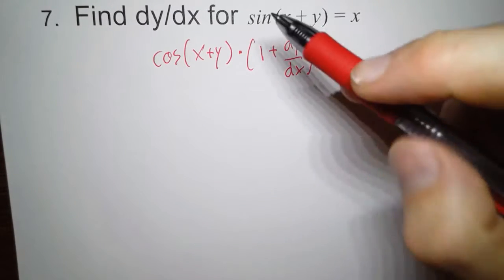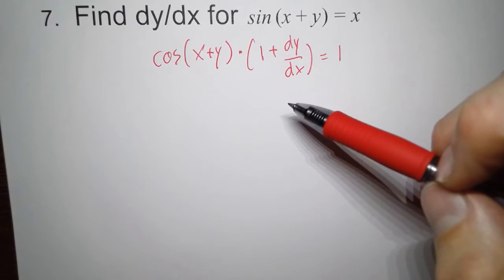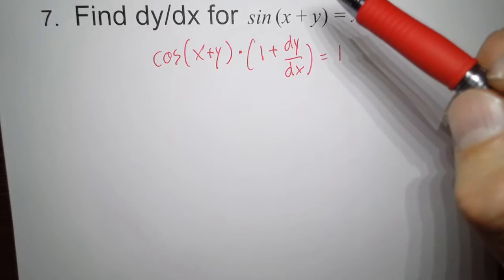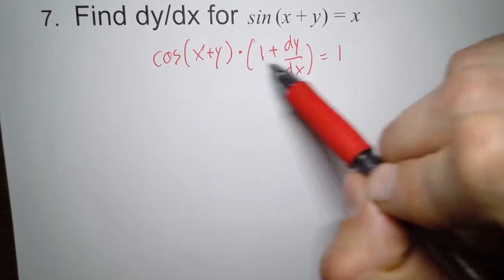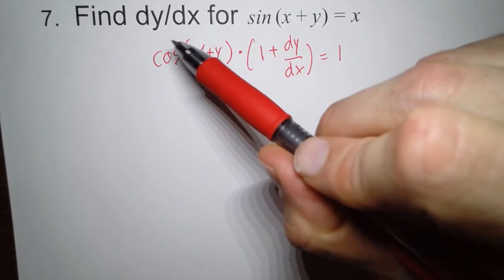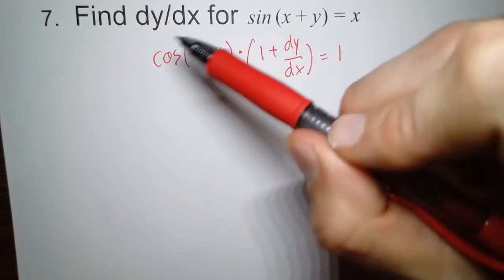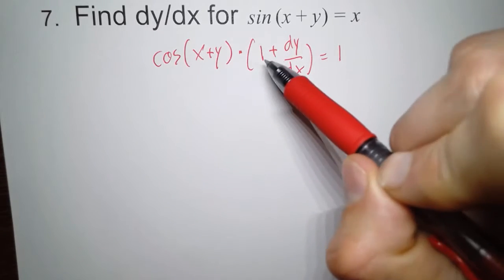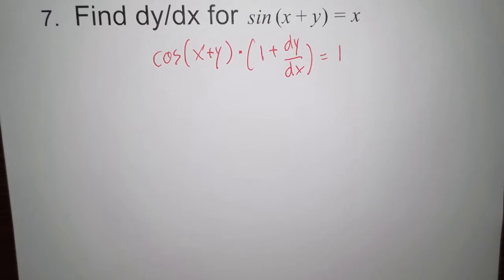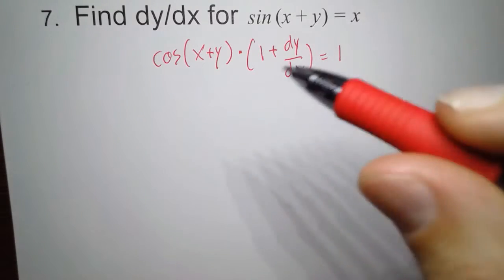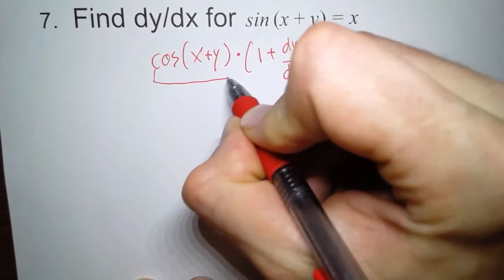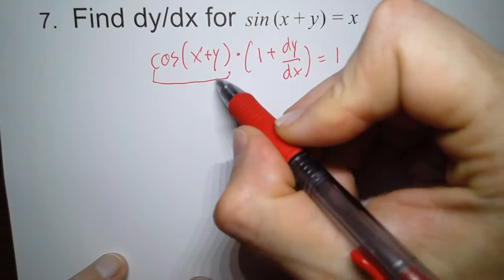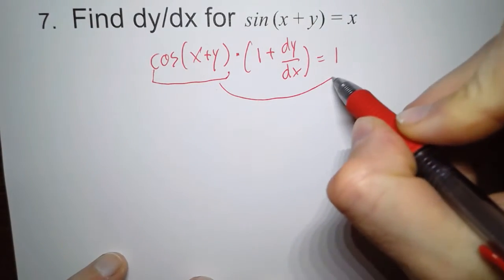Now here we only have this one term. A lot of people get a mistaken idea that, like number 6, we can expand this, but we can't, because x plus y is part of cosine. It's not like a polynomial where we can multiply x plus y times 1 plus dy/dx. So this is one expression right here, and it doesn't have a dy/dx in it, so this has to go over.